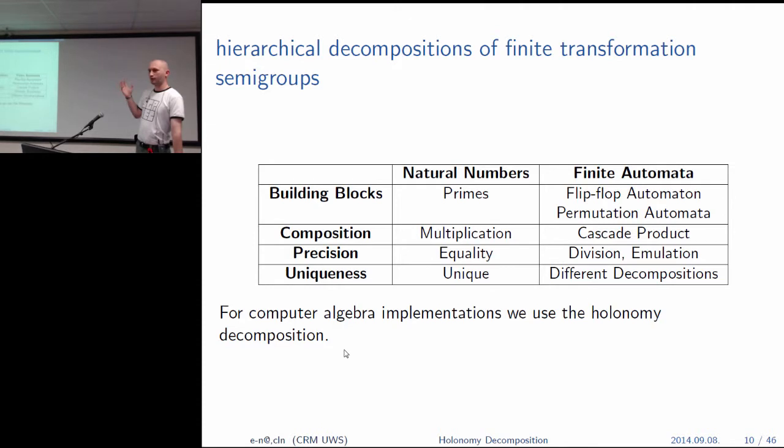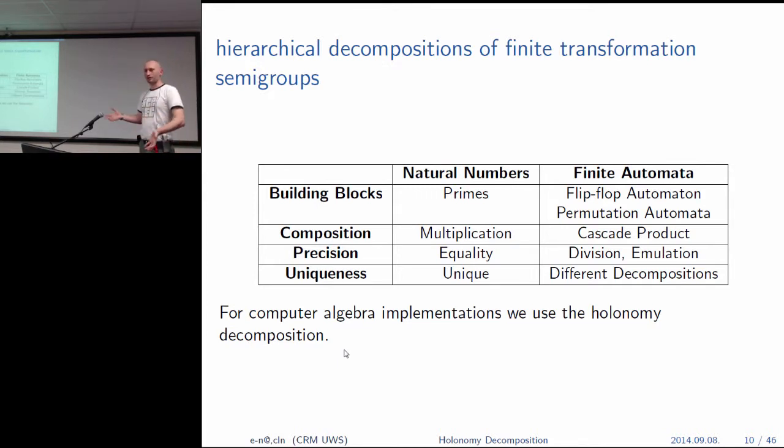that consist of permutations. But since transformation semigroups are not just groups, you need a destructive operation, and that's the destructive storing of one-bit information. So you need the flip-flop as well. So you have two kinds of basic building blocks.